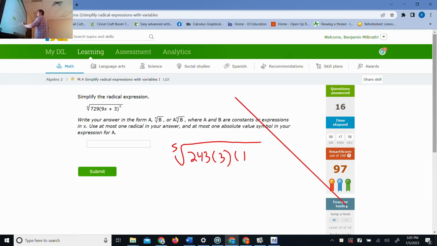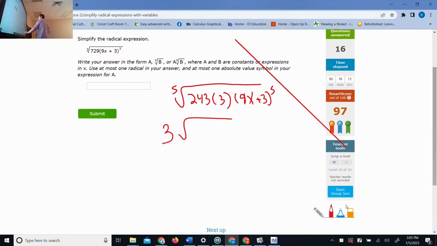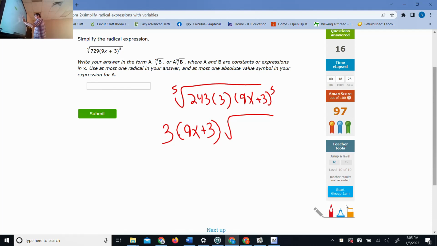And this last part's going to be really easy: (9x plus 3) to the 5th power. The 5th root of 243 is 3. I need to erase. The 5th root of (9x plus 3) to the 5th is going to be 9x plus 3. And what's still inside my 5th degree radical is a 3.